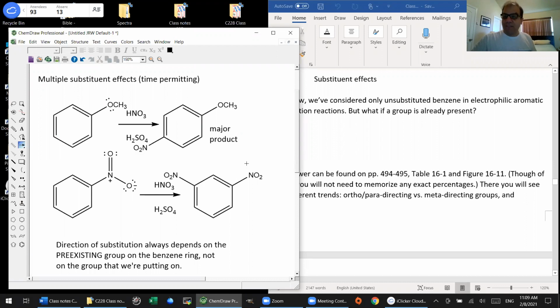And if we're asked instead, what are all the products? Well, it would be both ortho and para. And again, if there's a meta-directing group already on the ring, then we get the meta-substituted product as the major product. So we've got to get that down very clearly. So just having the table in front of you is not going to save you here.